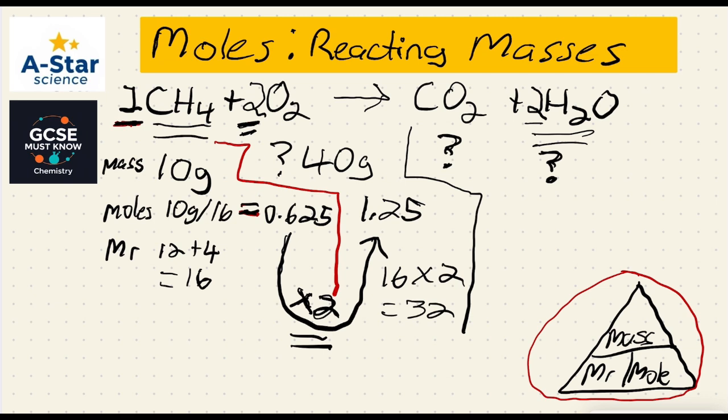Many of the calculations you're going to use in chemistry, reacting masses, limiting yield, titration calculations, you can use the same method to calculate amounts of substance utilizing MR, mole, mass, utilizing moles. My patented table method.